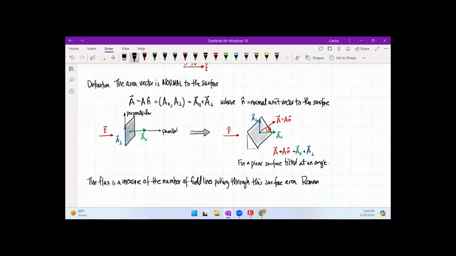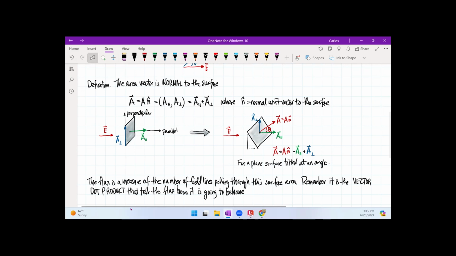Remember, it is the vector dot product that tells the flux how it is going to behave.